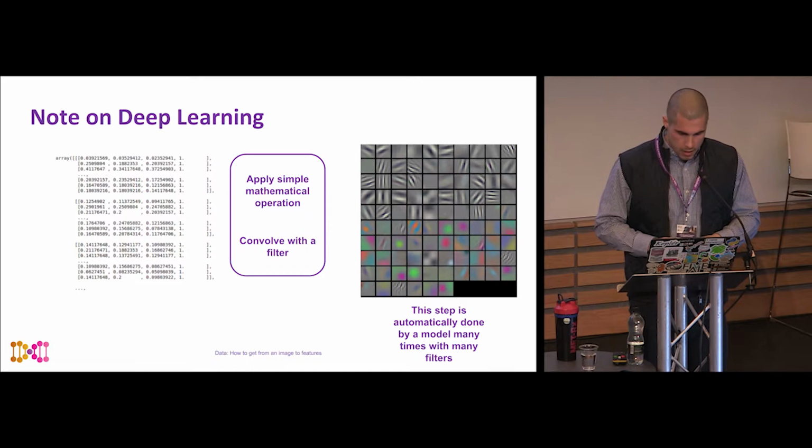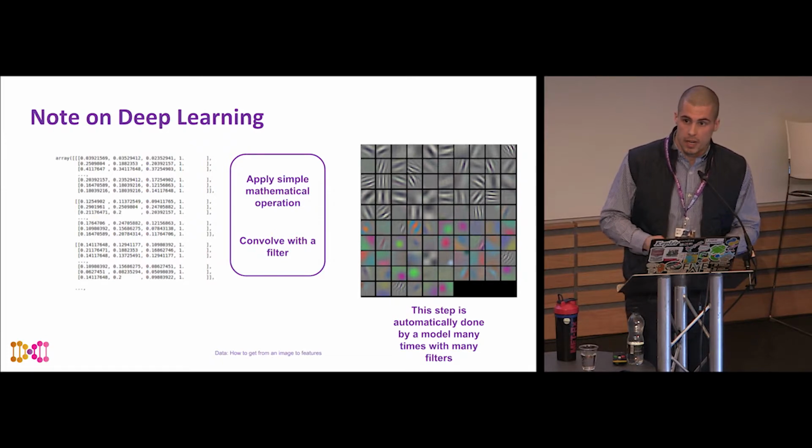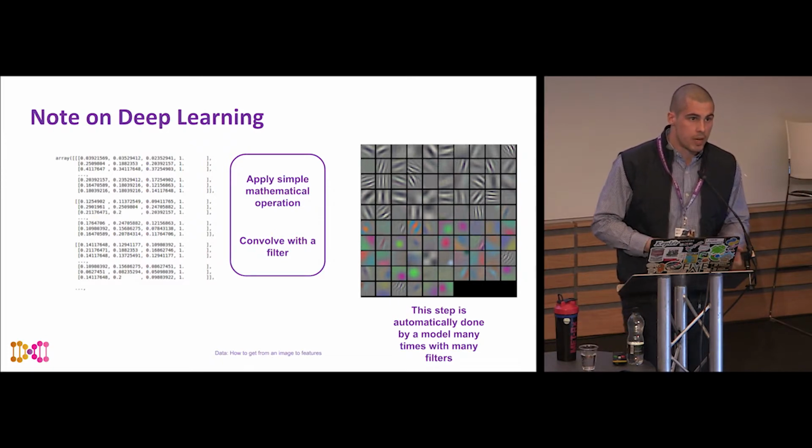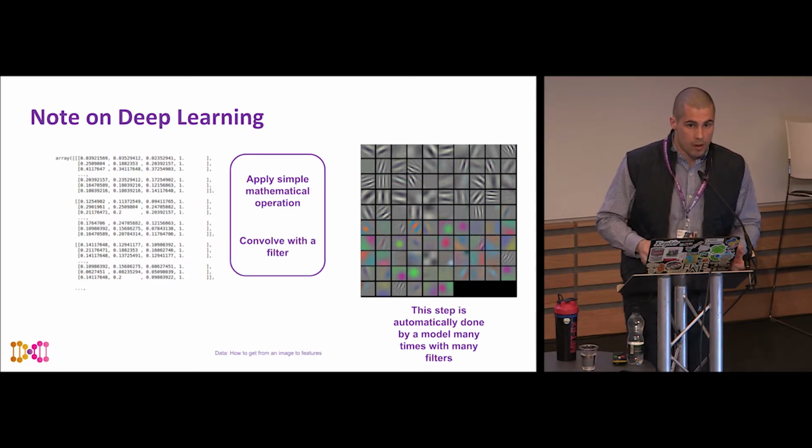Now, deep learning applies this convolution operation of detecting edges or any other sort of features within an image automatically. It applies many of them in parallel. Moreover, it learns what these features are, or it learns to extract these features from an image.